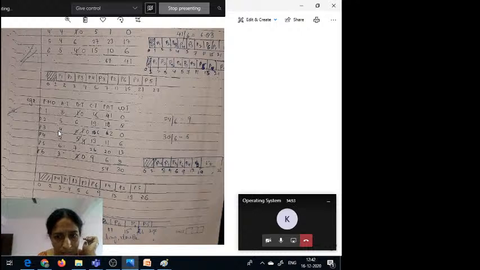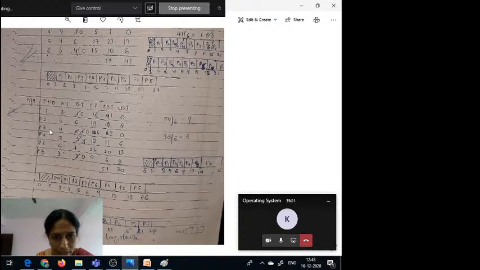So 3 processes have arrived, as you can observe here. At arrival time 4, P1 process completed and P4 process is in the queue, and P6 process and P3 process. Out of these 3 processes, find which process has the minimum burst time.